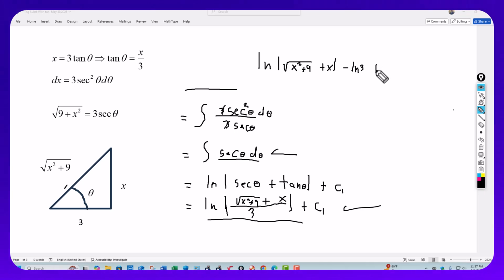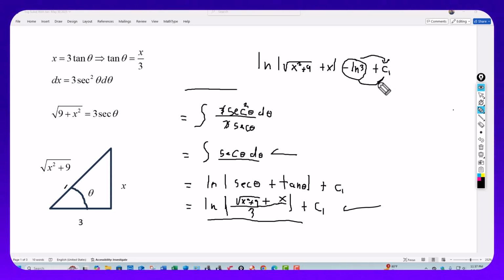We still have the constant of integration, C1. But the natural log of 3 doesn't have a variable, so it's a constant. Some instructions will expect you to write this constant together with the regular constant of integration.